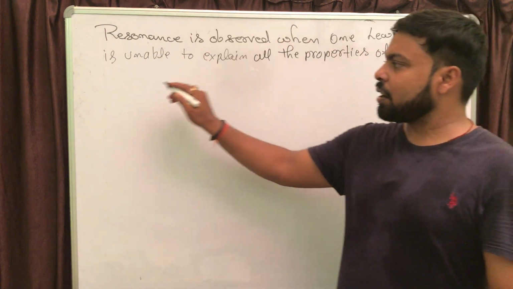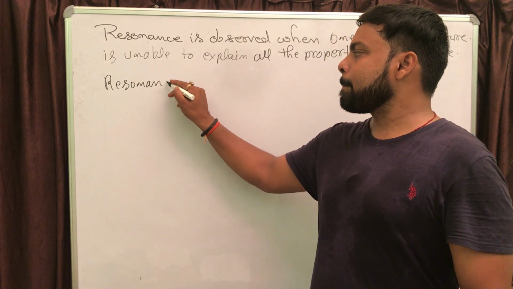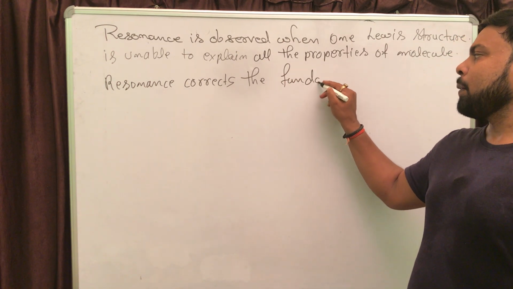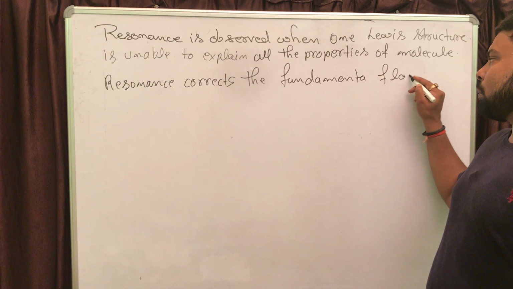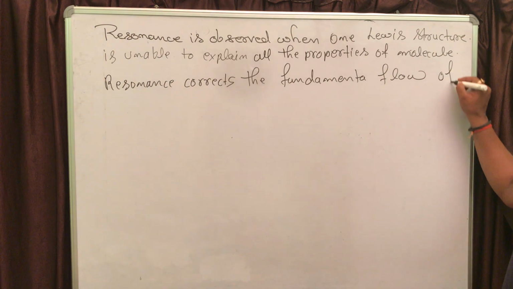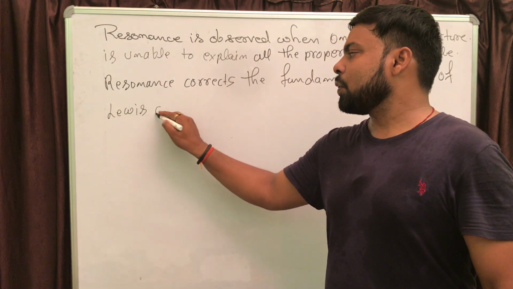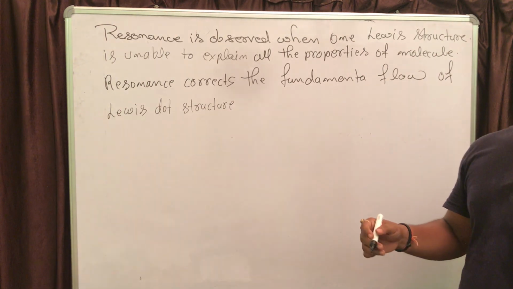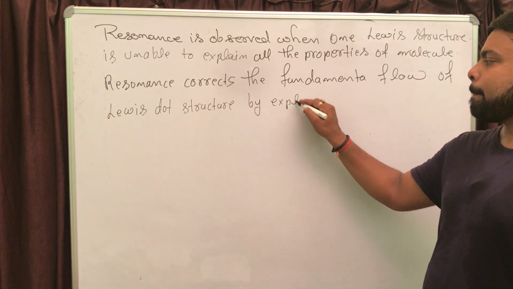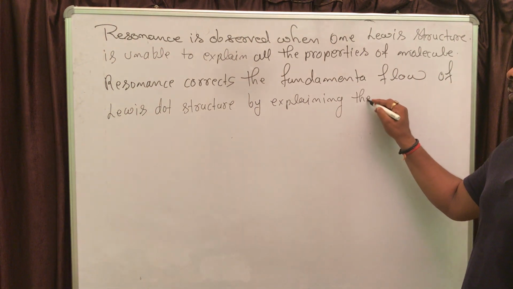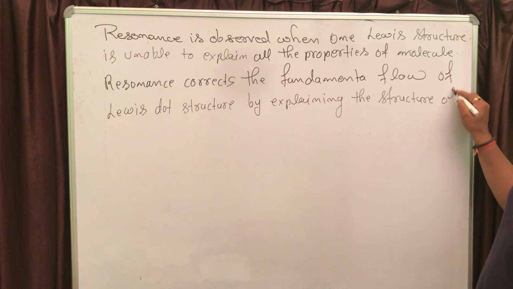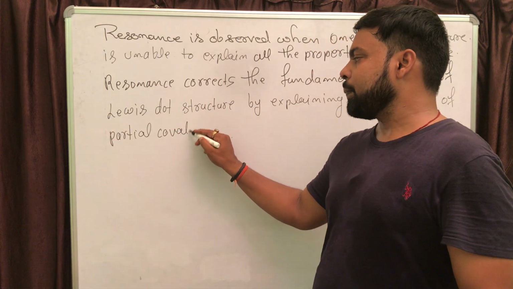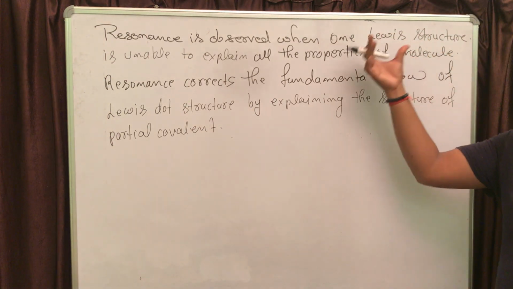Now the next is, resonance corrects the fundamental flaw of the Lewis dot structure by explaining the structure of partial covalent bond, that we were discussing earlier, the structure of ozone.